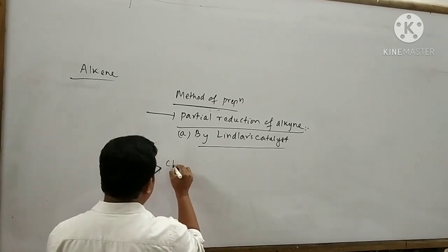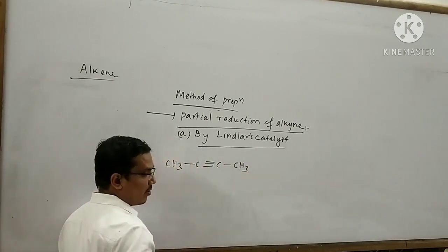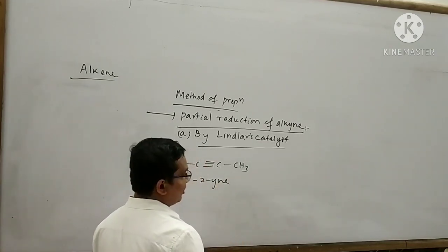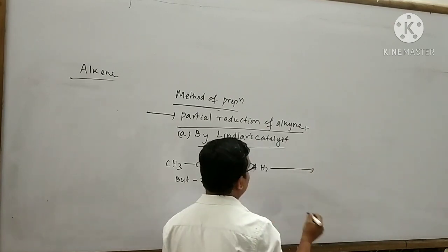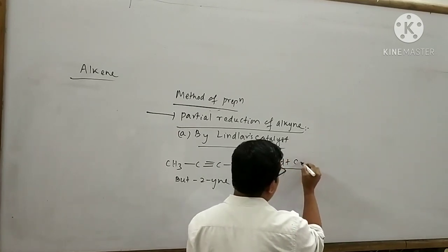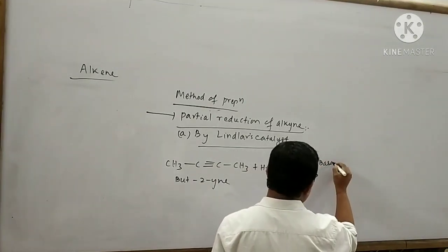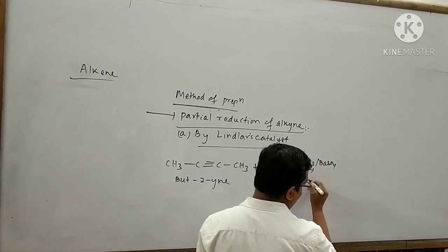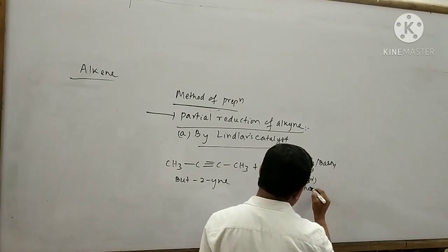Take an example. This is CH3-C≡C-CH3. The name of this compound is but-2-yne. When it is subjected to reaction with hydrogen in the presence of Lindlar's catalyst, here I can write palladium plus CaCO3, or you can also take barium sulfate. Here also lead carbonate, sulfur or quinoline is taken.